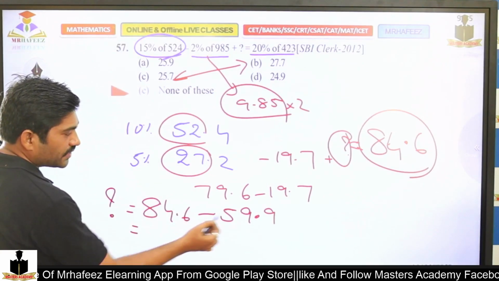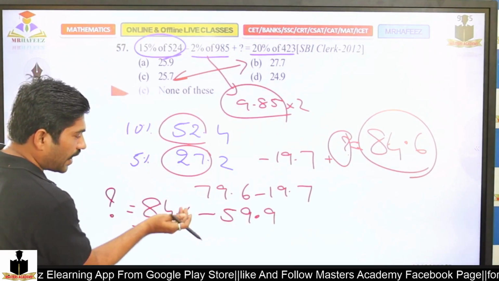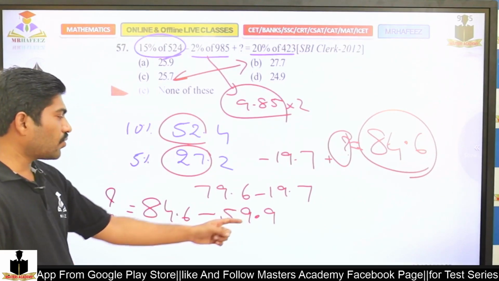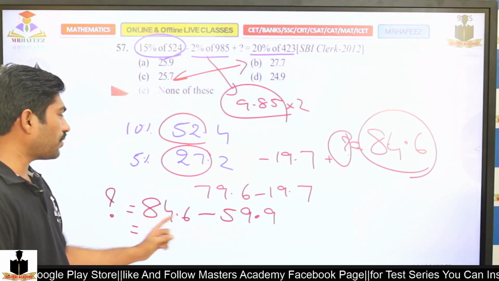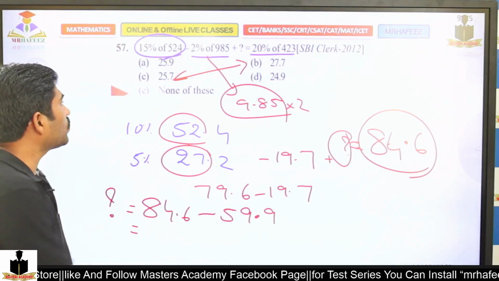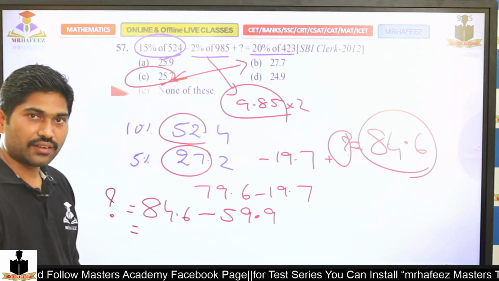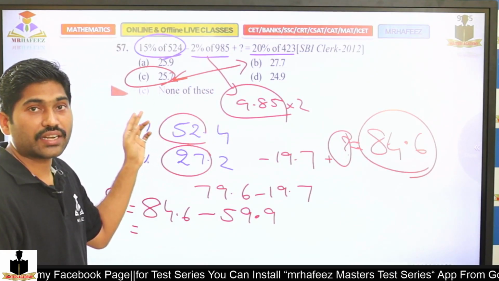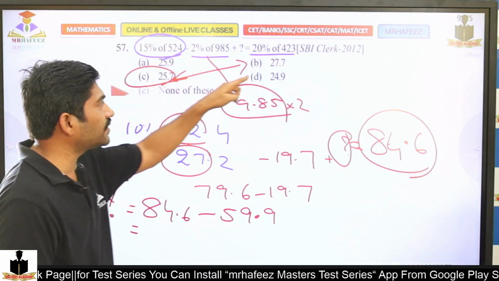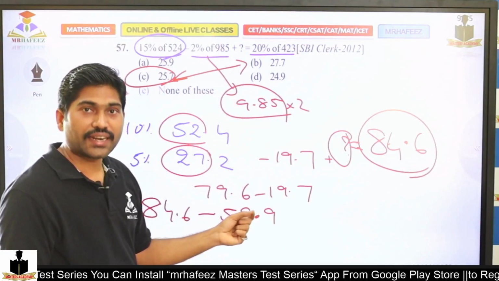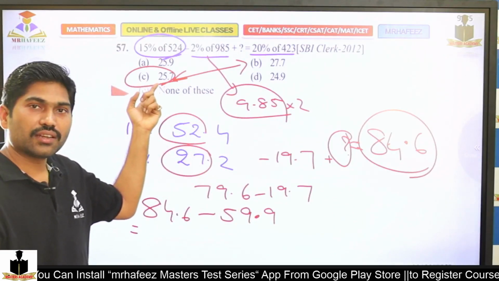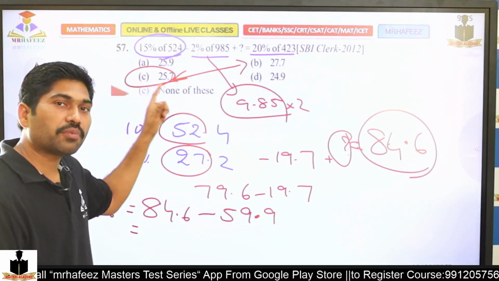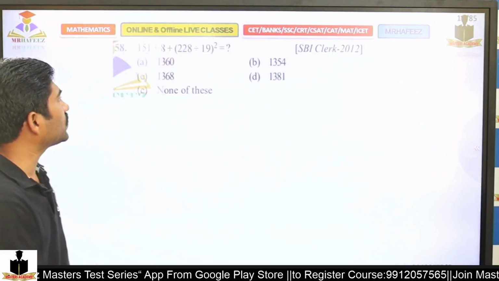So 0.6 and 0.9, 54 and 59. So what is the difference? It's just a 25 difference. So my answer is 25.7, not 27, because the unit digit after the decimal should be 7. So answer over. Next question.